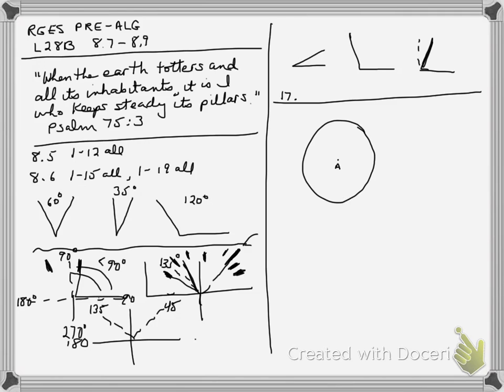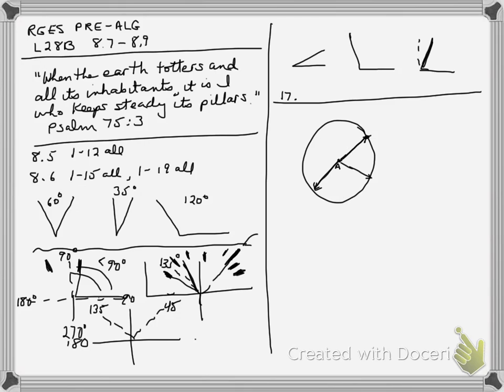The center of the circle is always labeled with a capital letter, and we would call this circle A. Now, in a circle, every distance from the center to the outside edge, whether it's there or there, they're all going to be equal, right? And we call that line from the center to the outside edge the radius.